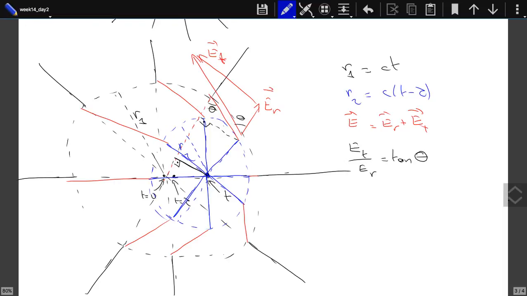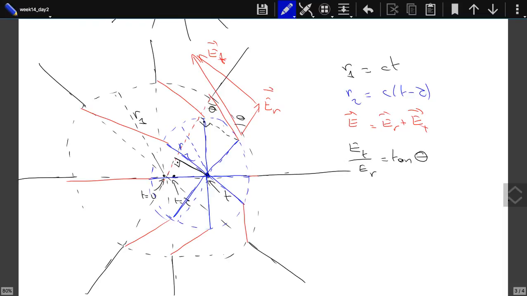I mean, the expression for the radial component at this point and at that point are more or less the same. In between, it will be changing a bit, but its magnitude will be somewhere between the magnitude of the radial component at this point and at that point.